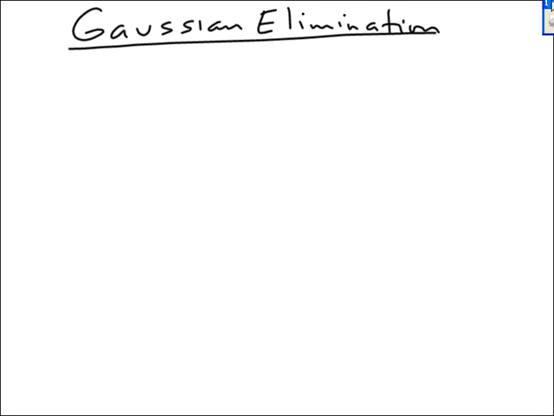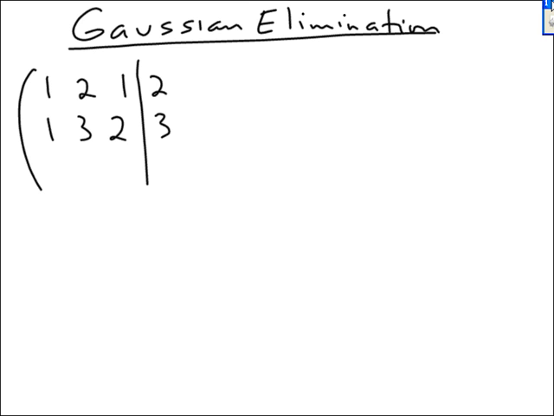For example, let's go right to the matrix. If you have 1, 2, 1, 2, 1, 3, 2, 3, and 2, 1, 2, 4.